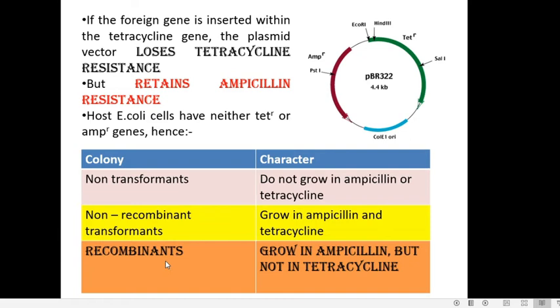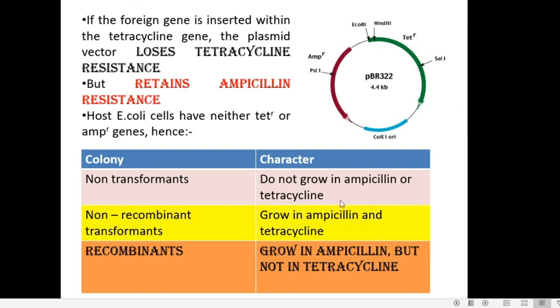The recombinant cells are those cells which have taken up this plasmid containing foreign DNA inserted in the tetracycline resistance gene site. So what happens? It will be having this ampicillin resistance gene intact, but the tetracycline resistance property will be lost because of the insertion of the foreign DNA. So how will the cells behave to these two antibiotics? The recombinant cells will grow in ampicillin because this gene is intact, but they do not grow in tetracycline.